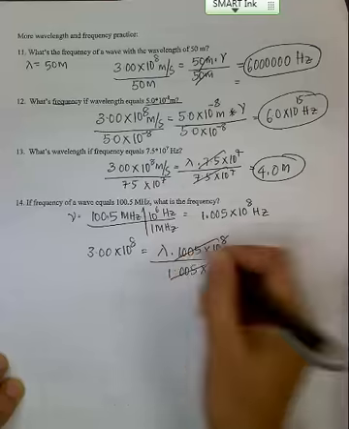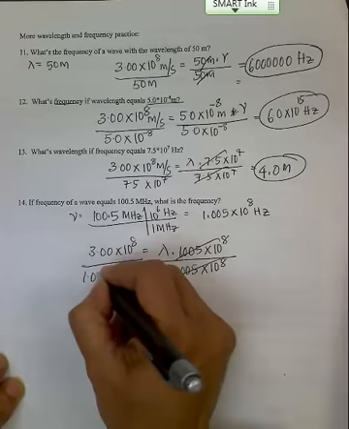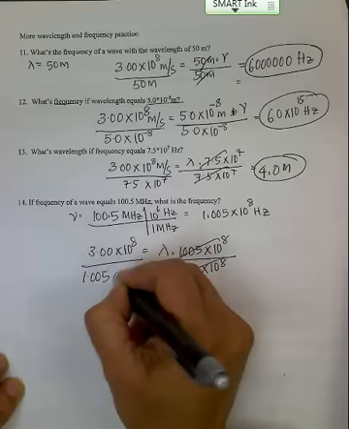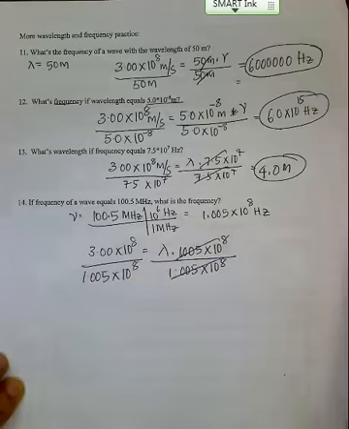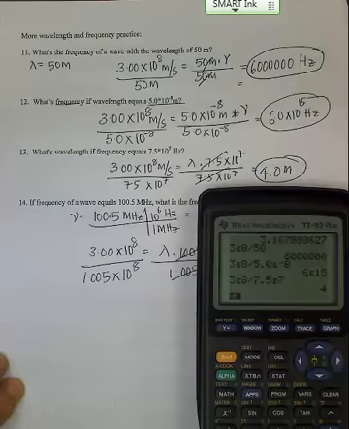I can cancel the powers of 10, and this is 3 divided by 1.005.